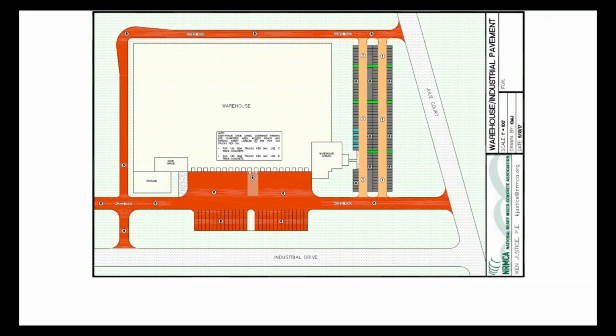This illustration makes it easy to see that by optimizing the design, it made the concrete option more cost competitive, and in the end, it was also a very attractive option to the owner.